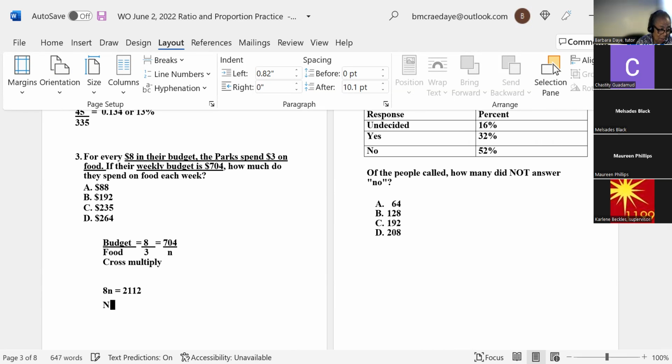So your n would be 2112 divided by 8. And what does that give you, Mercedes? That gave you 264. Lord, how can I get that? What did I do wrong?